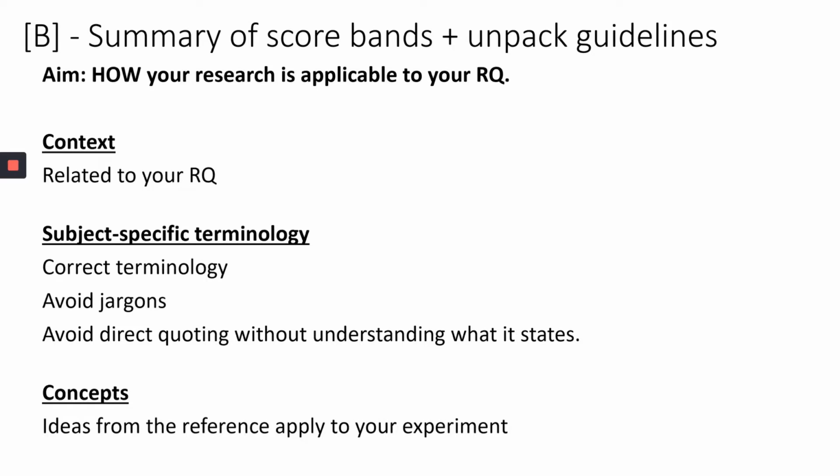You think about those ideas, present them, and see the relationship between them and, most importantly, how those ideas are applied to your experiment. It will be useful if you draft a mind map to help you form these ideas. So that's the concept.